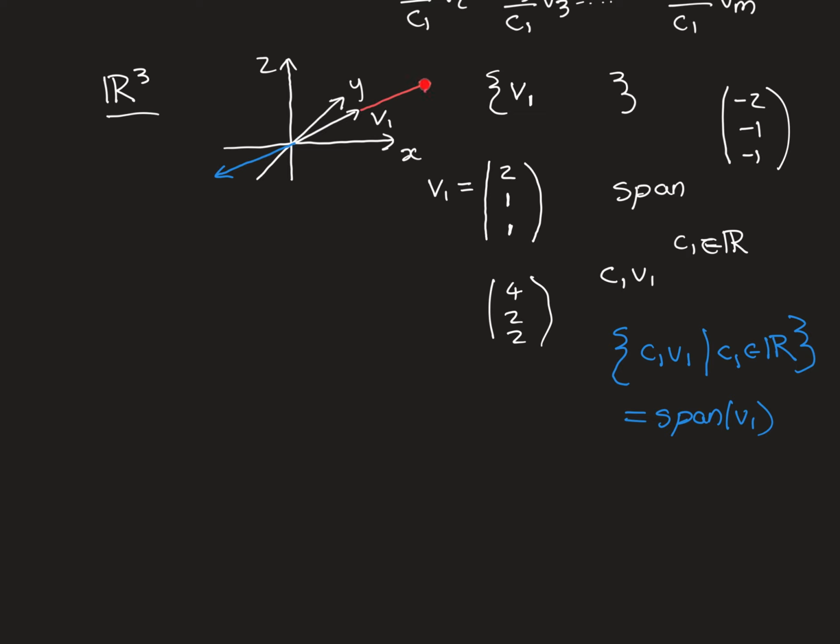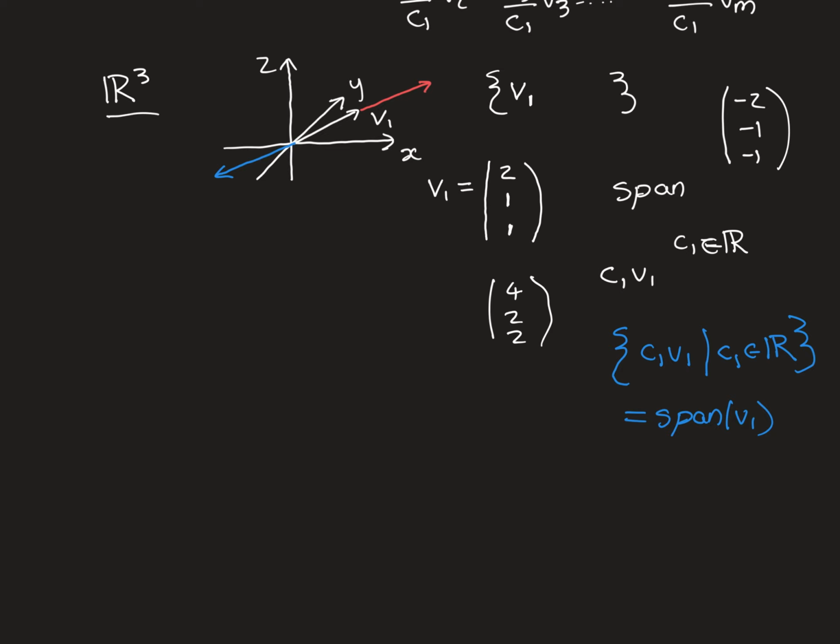You just have to stretch it out by the relevant amount. So if you want the one that's 4 times it, maybe here, you just multiply this by 4 and you get there. If you wanted this point, that looks about 2.7 maybe. So you take something roughly around there to get to there. And all these negative ones in this direction, you just need to multiply it by some negative real number to get there. And if you multiply it by 0, of course, you'll get the origin. You'll get the 0 vector. So all the points on that straight line, that's going to be the span of this vector.